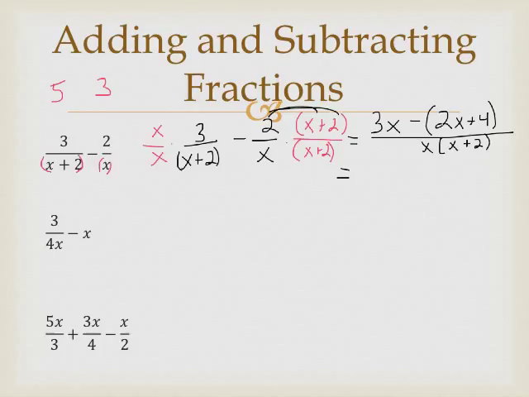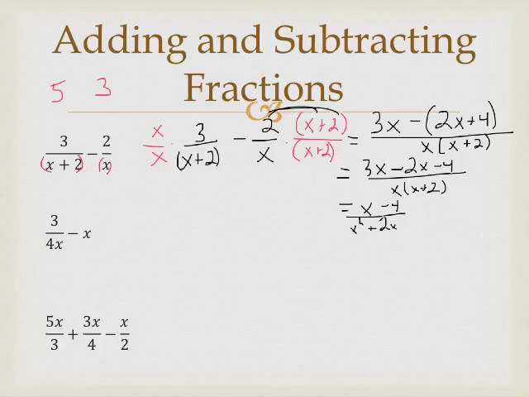Okay? And then just try to simplify this. This is going to be 3x minus 2x minus 4 all over this common denominator, which should be 3x minus 2x is just x, so we have x minus 4 all over, and then you could either leave this factored or multiplied out. I don't think it's usually going to matter, but I'll multiply it out just so that we can get in the habit of looking for multiple things that will look different, but they're all going to be the same.